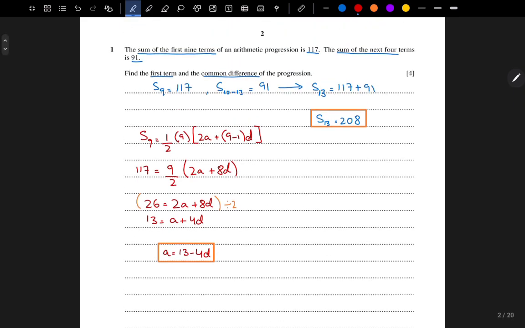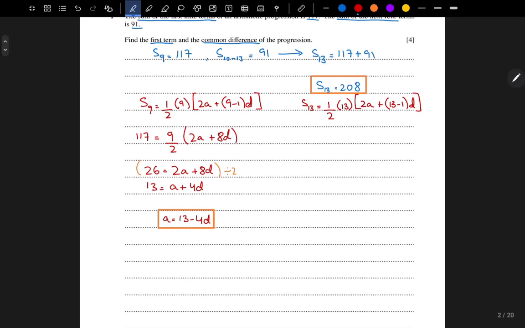Now if you apply the same formula on the second sum, we know that the sum of the first 13 terms equals 1/2 into 13 bracket 2a plus 13 minus 1 d. The sum of the first 13 terms is equal to 208 equals 13/2 into 2a plus 12d.